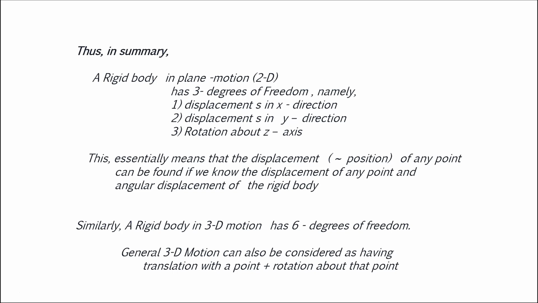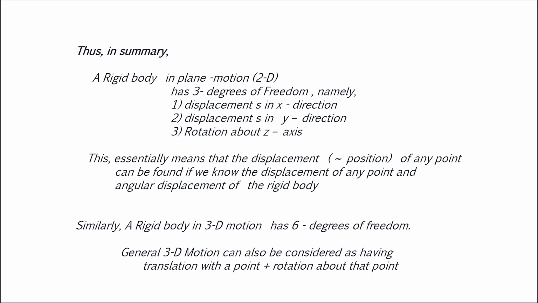Whereas in two-dimensional motion, if you consider the body to be a slab projected onto the xy plane, it is going to have an xy plane motion, which can be totally described by knowing the position of a point and the rotation of the body, of any line.